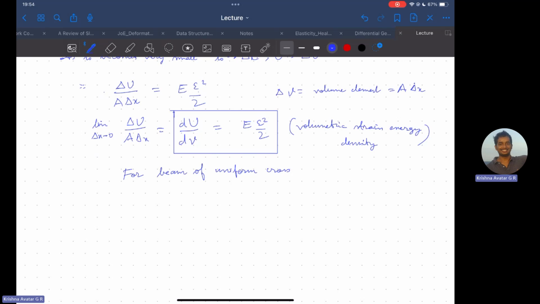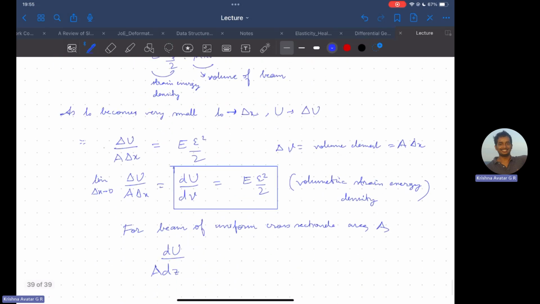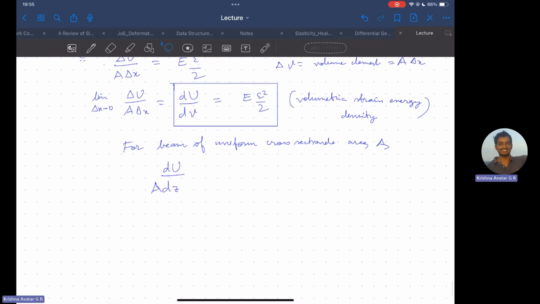And for a beam of uniform cross-sectional area A, we can write it as du by A, and this will be dz. For the time being, let's just call it x, no problem. This will be equal to E epsilon squared by 2, and du by dx is equal to EA epsilon squared by 2.